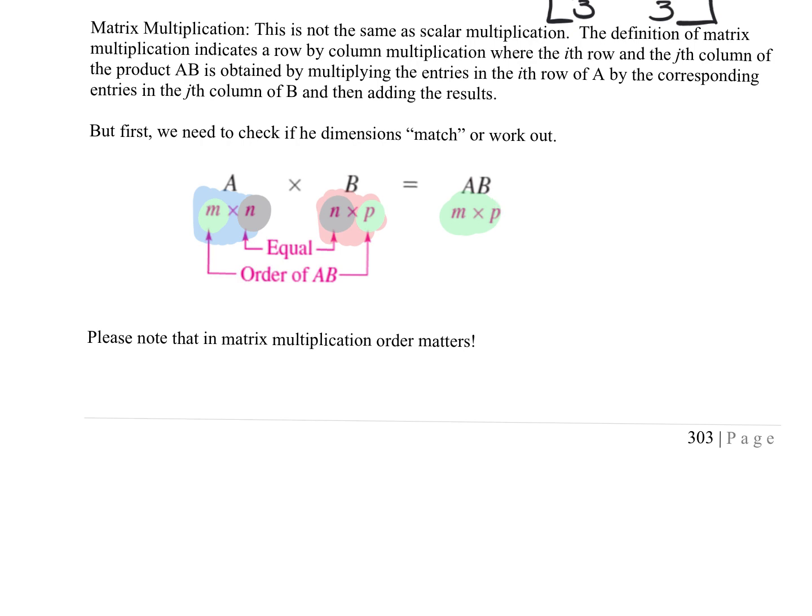So order is going to matter, unlike it has normally. In matrices, order matters, and we need to make sure that the interior dimensions, the columns of A, match the rows of B. That's the n's that I highlighted in gray, so that I can actually do the multiplication.